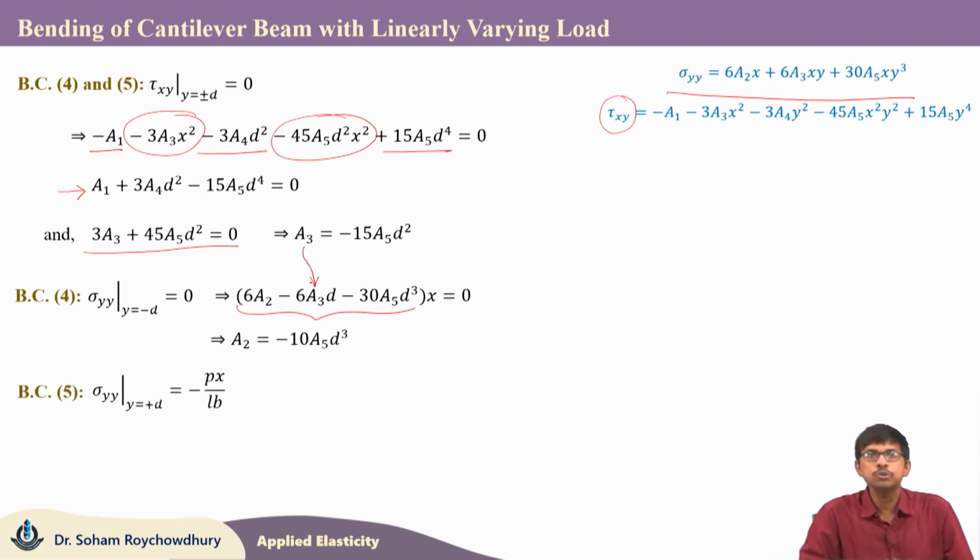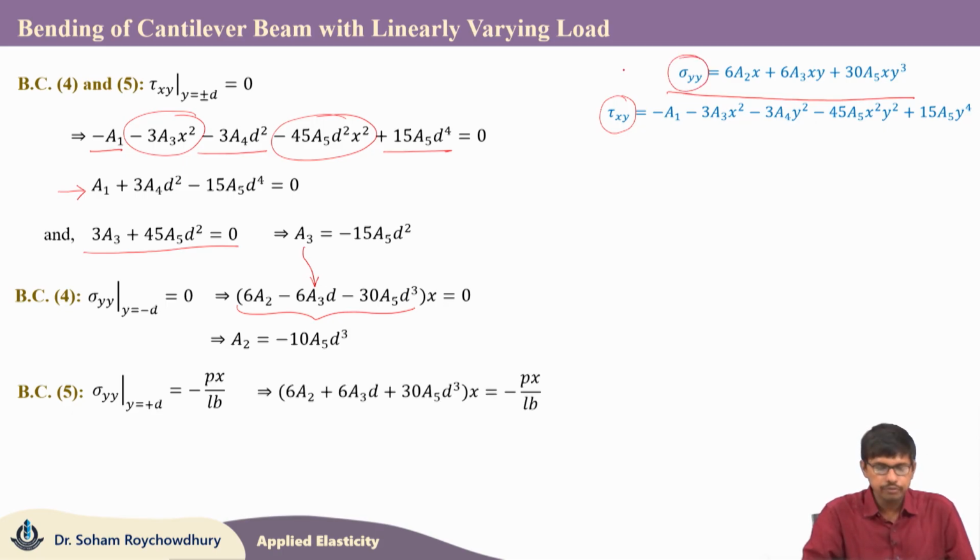Now, going back to the remaining part of boundary condition 5, that is the normal traction on the top face, sigma yy for y equals plus d is minus px by bl due to the linearly varying load. So, once again in the expression of sigma yy, substituting y with plus d, we get this equation: 6 a2 plus 6 a3 d plus 30 a5 d cube times x is minus px by b.